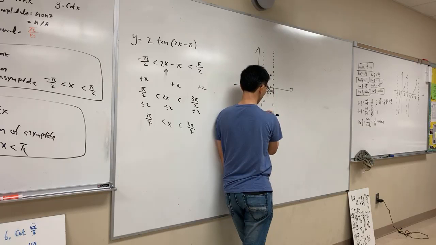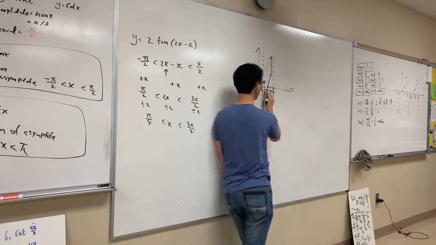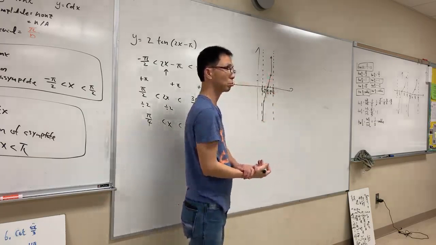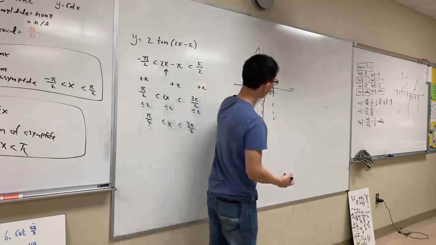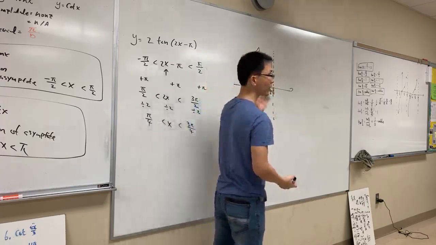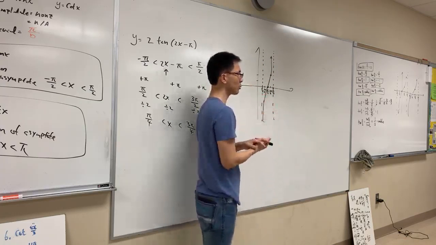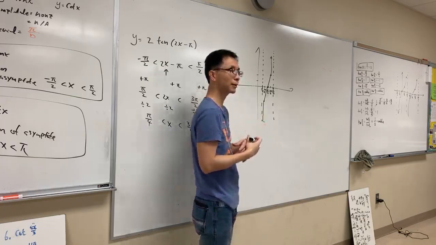So the graph's going to be like this. Instead of 1, because now you have a stretch value of 2. Half, you will be like this. So exact same way. So that's the stretching and compressing values, just like what we learned at the beginning here. So why do we learn all this stuff? Because it's common fact.